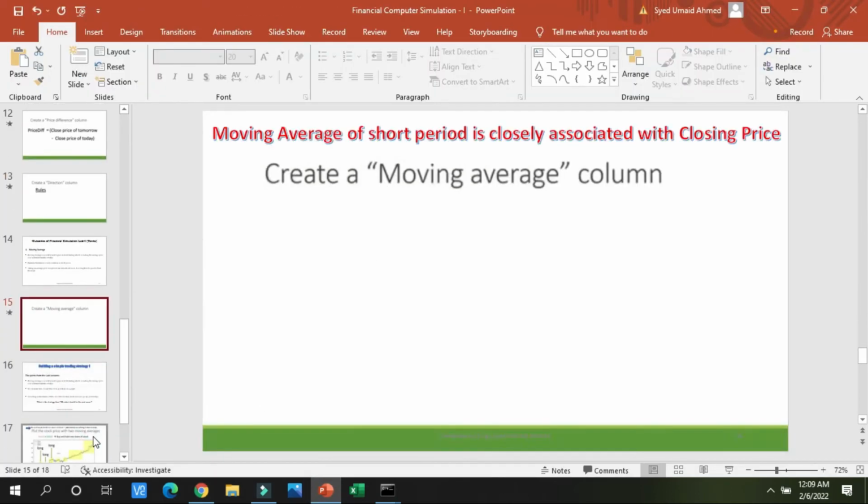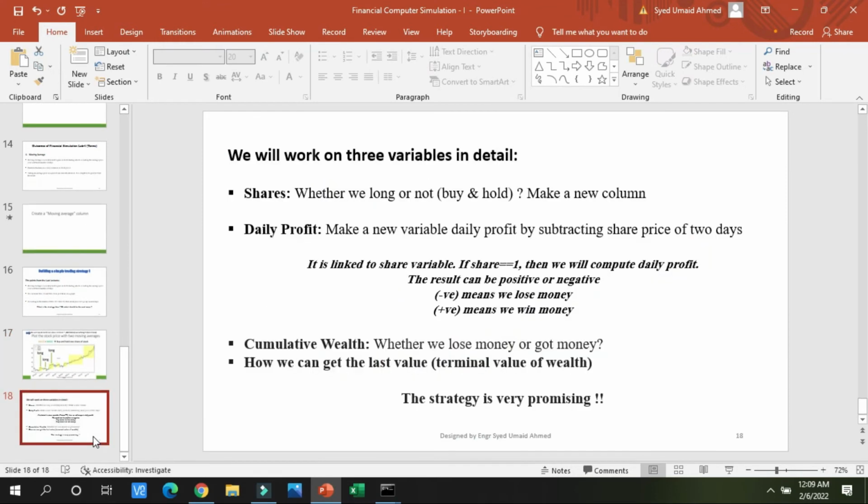You can see here we have created the shares column, the days we have bought and held the stock, then the daily profit column, which is computed by close and close one price, and if the day is a day when we have purchased the share, we have computed the profit, and if it is positive we have won money, and if it is negative we have lost money.